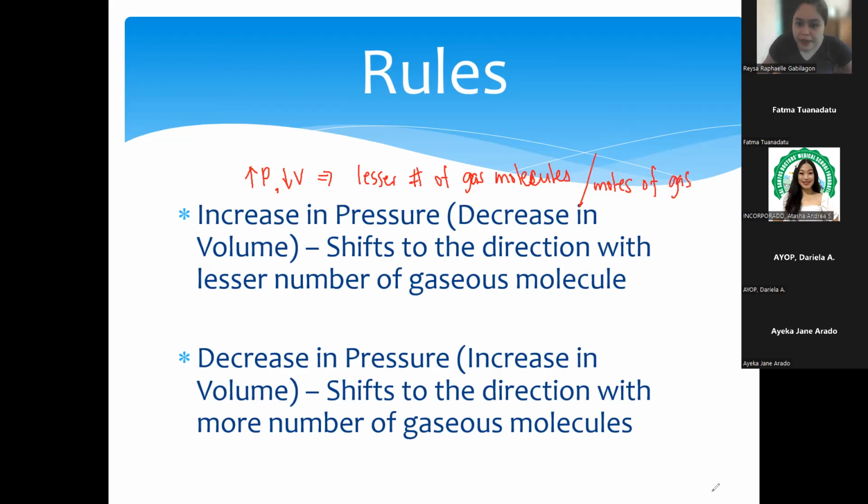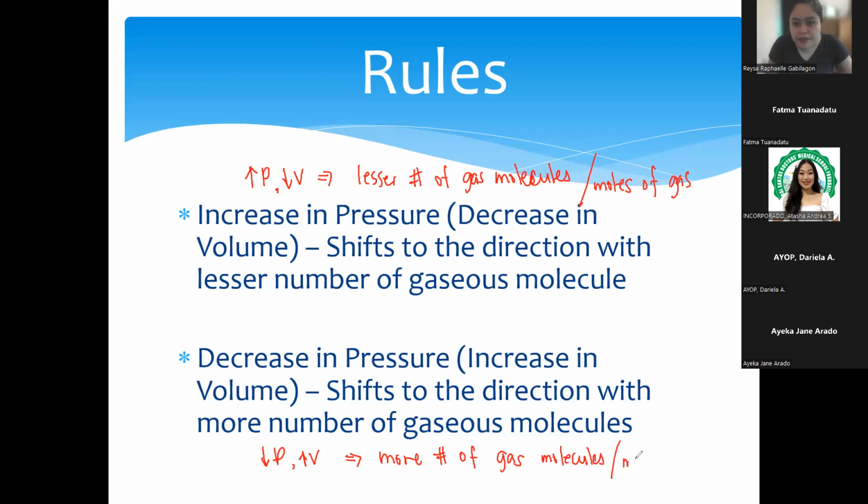Yung isa naman, baliktad. Paano kung binawasan natin yung pressure? So pag binawasan natin ang pressure, class, that means ang volume ng gas ay tataas. There will be increase in the volume. So where is now the shift in the direction of the reaction? It will shift to the side wherein there is more number of gas molecules.